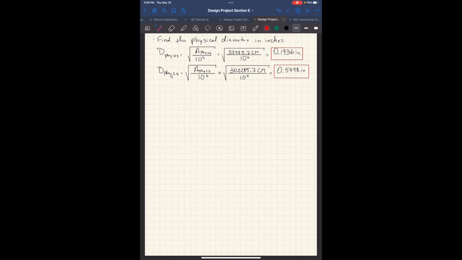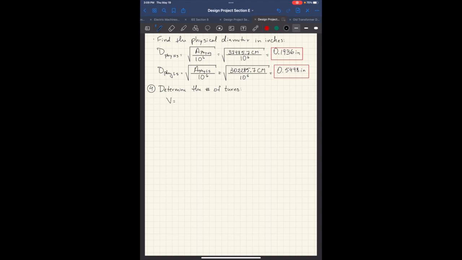Okay. Step 4 is to determine the number of turns. It turns out there's an equation that relates the voltage to the number of turns and the flux.